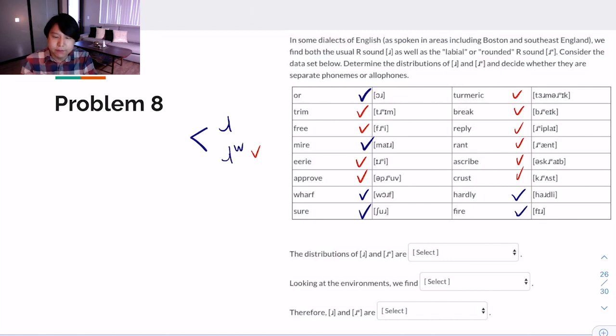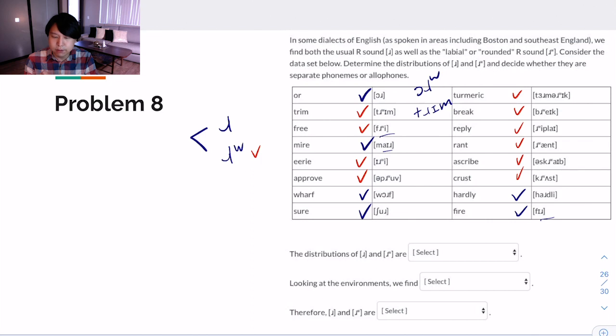So let's see if there is a corresponding minimal pair for this. For example, like this. No, there's no minimal pair for this. Trim. Is there a corresponding pair that looks like this? No. So we can check. Free. Is there free? It's fear, so it's not this.